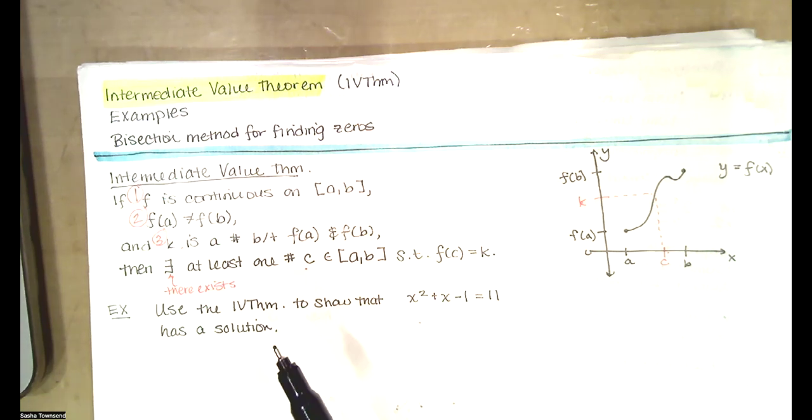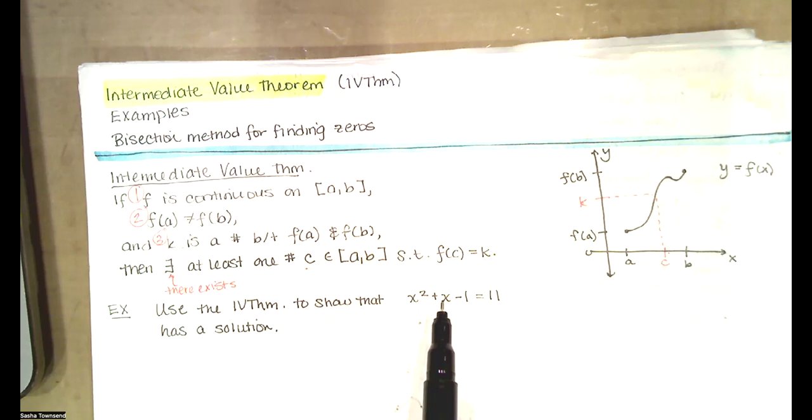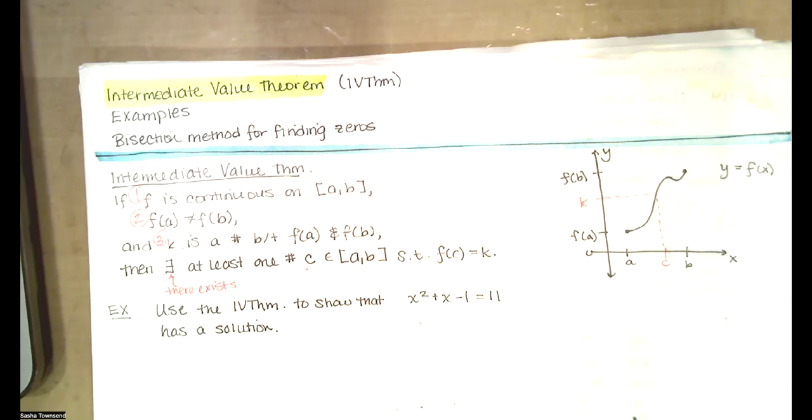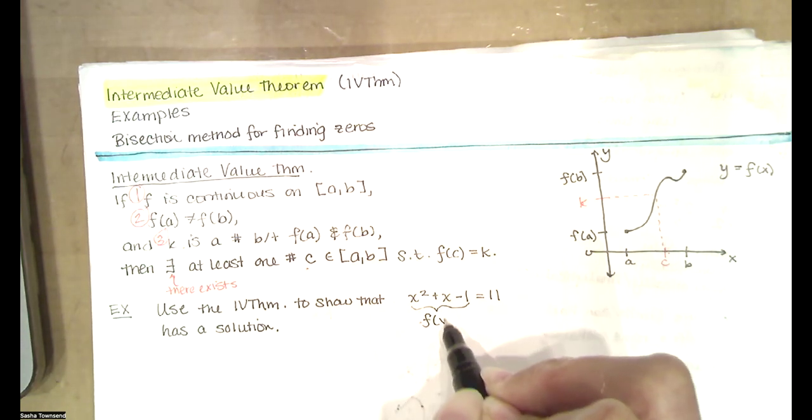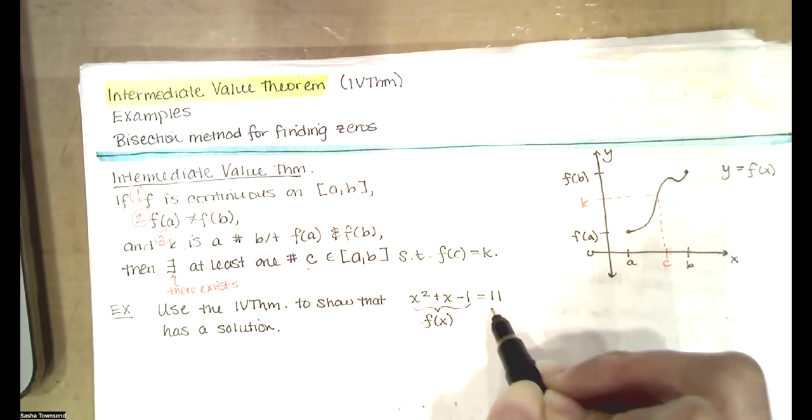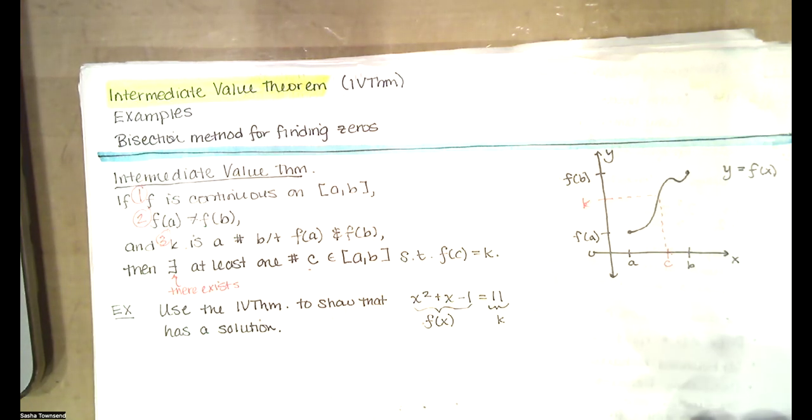It says, use the intermediate value theorem to show that x squared plus x minus 1 equals 11 has a solution. Well, obviously, this function is our f of x, and this is our number k.